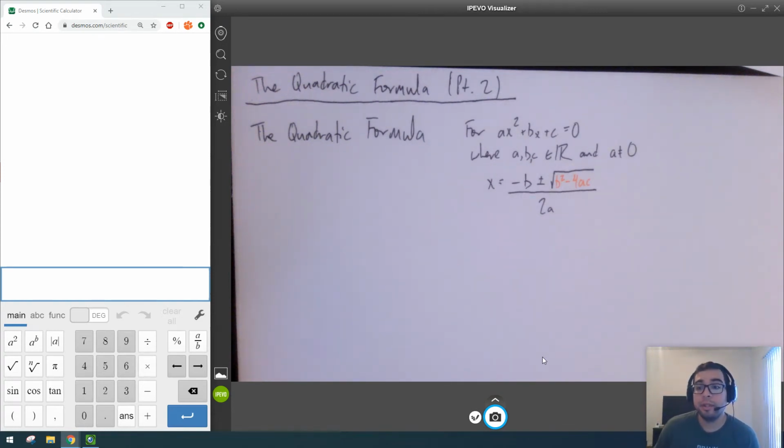Today, what we're going to be doing is looking again at the discriminant. You do not need to write this down unless you want to, but we're going to take a look at the discriminant again. In the previous video, we used the discriminant to determine the type and the number of solutions when it comes to these quadratics.